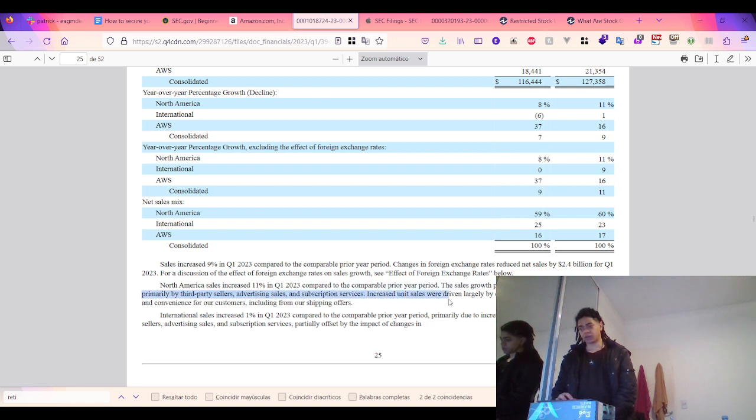Increased unit sales were driven largely by our continuous focus on price, selection, and convenience for our customers, including from our shipping offers.